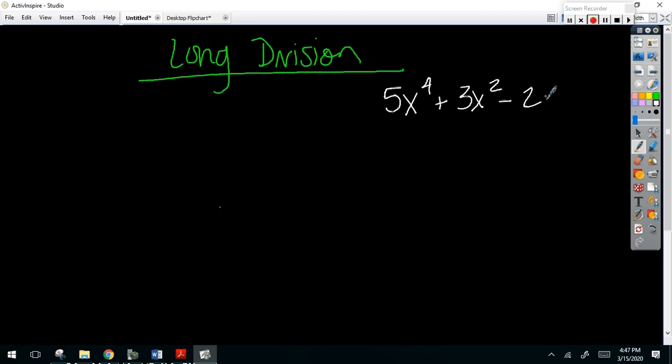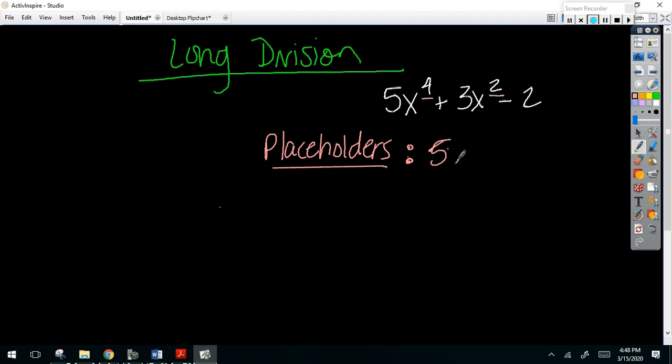Okay, one thing you need to understand before we actually do long division is placeholders. And placeholders are exactly what they sound like. They hold the place of something. So in this one, I need to make sure I have all my exponents there. Here I've got 5x to the 4th, so I've got a 4th power, right?